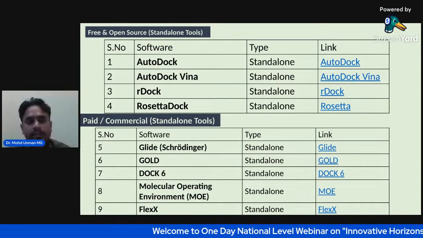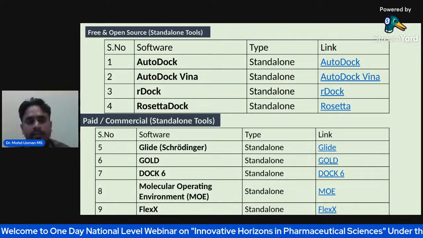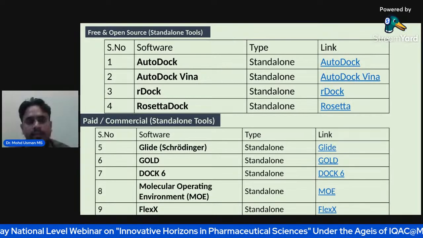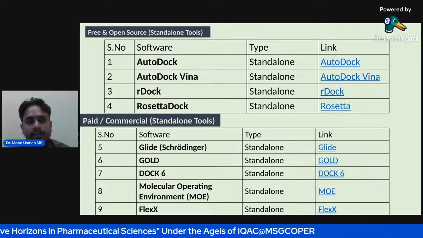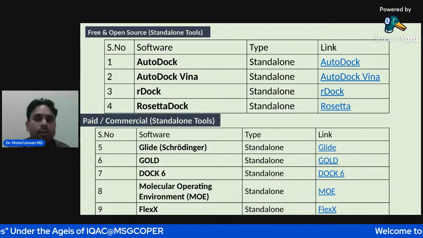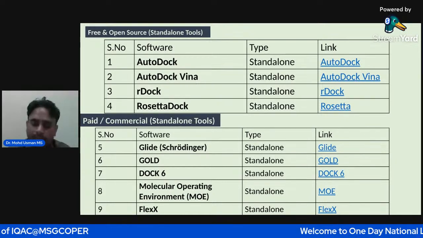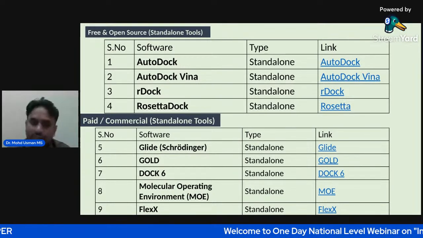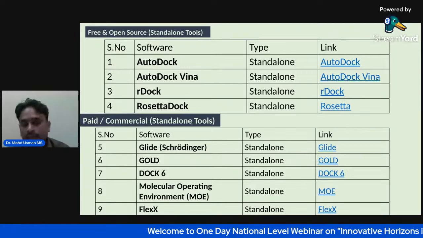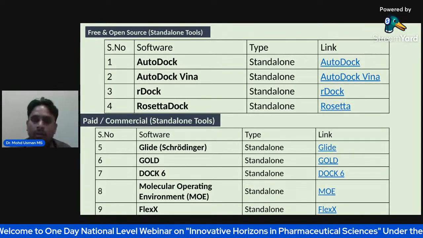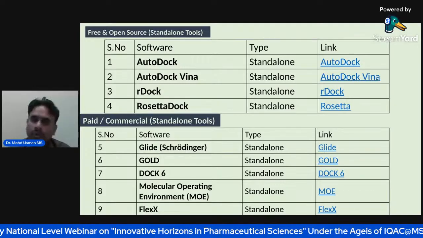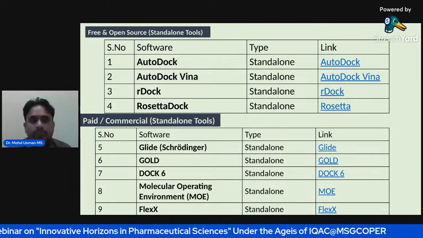Then free or open softwares used for molecular docking. So AutoDock Vina, these two free softwares are available for doing molecular docking, and it is freely available. Anyone can download and use it for docking of molecules by using AutoDock Vina or AutoDock. Okay, you can run it in Windows as well as Linux.